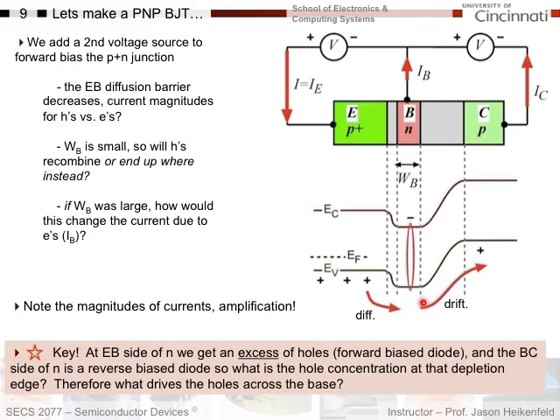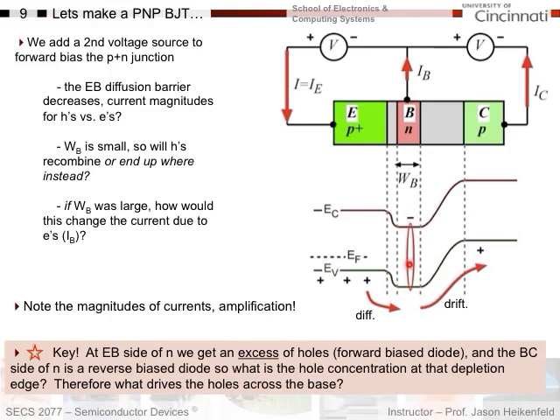Well, because we made this base width so narrow, the holes don't have to go much distance to reach this cliff and fall off the cliff, right? And so very few of the holes will recombine. Most of the holes will make it across as drift current, and very few will recombine because the base width is so narrow, they don't have enough distance to find an electron to recombine with.